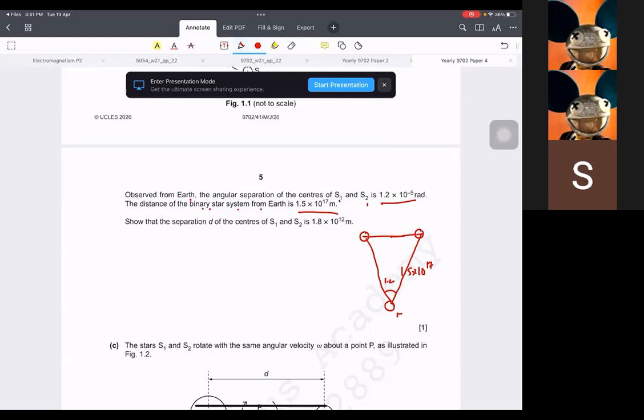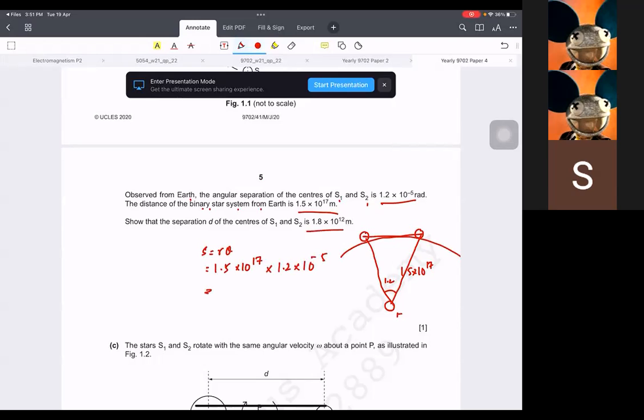So to do that, we have to use arc length. S equals R theta. The radius remains the same all the time, so the radius is 1.5 times 10 raised to 17, and theta is 1.2 times 10 raised to -5.